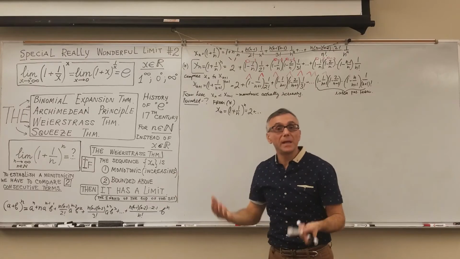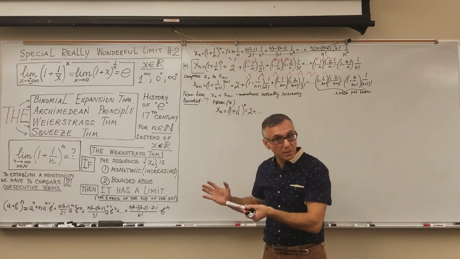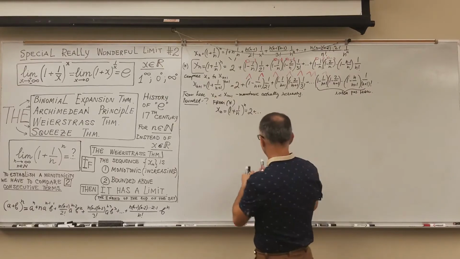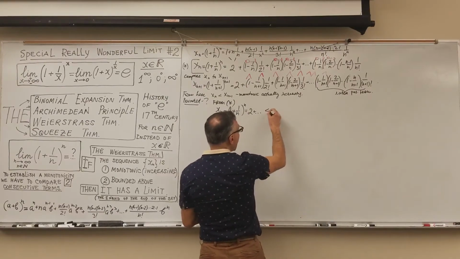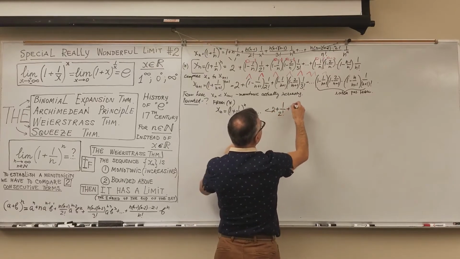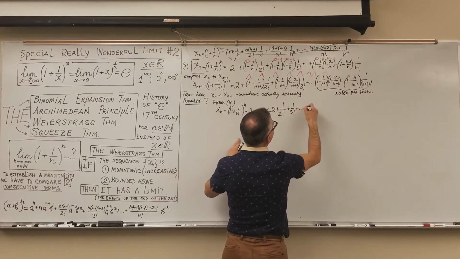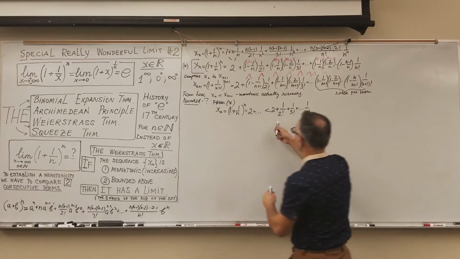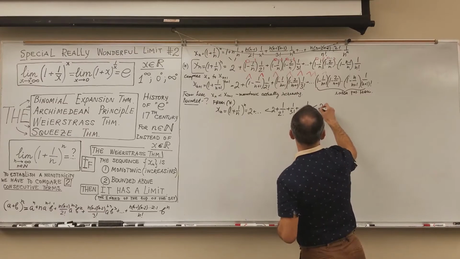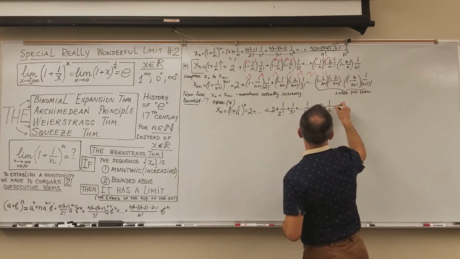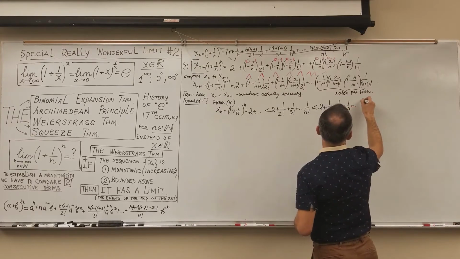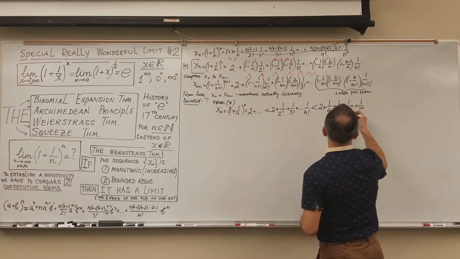So what if I replace them all with ones? I will get an upper estimate in this case, which is strictly less than 2 plus 1 over 2 factorial plus 1 over 3 factorial plus and so on, up to 1 over n factorial. That's the upper estimate. And moreover, it's less than 2 plus 1 over 2 plus 1 over 2 squared plus 1 over 2 cubed plus and so on, plus 1 over 2 to the power of n.